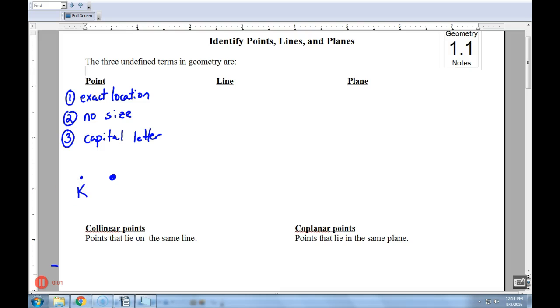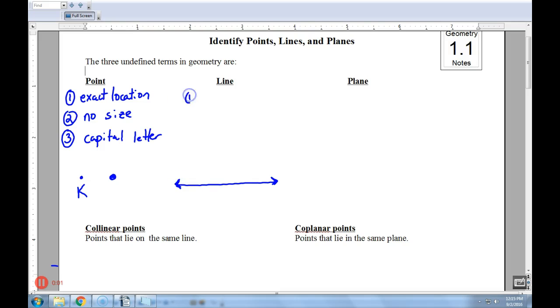So there's our point. Now, when you string a bunch of points together, you end up with what's called a line. So let me draw a line first. Line should be perfectly straight. I'm kind of freehanding this, so mine's not perfectly straight, but bear with me. If you notice on the ends right here, there's two arrows, and we'll talk about that in the definition up above, what that signifies.